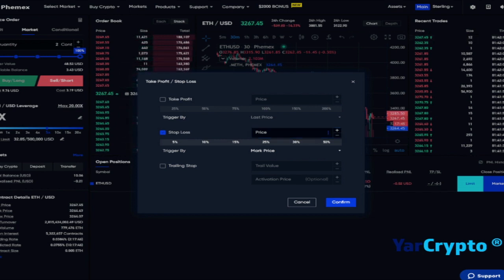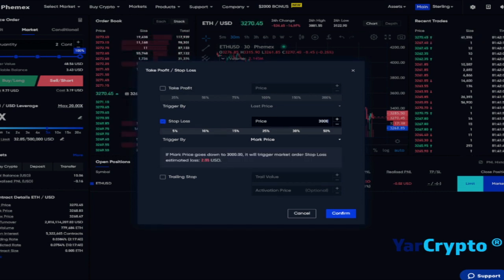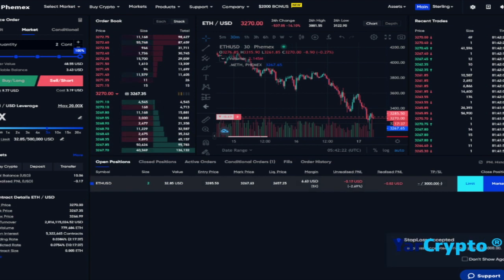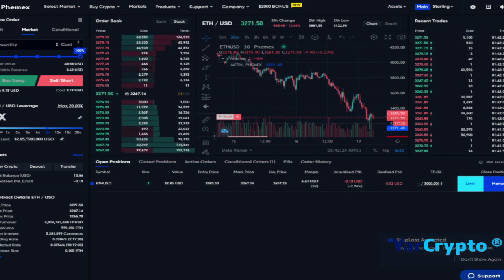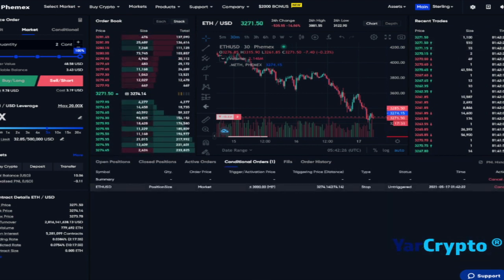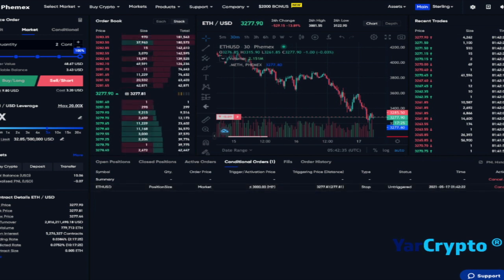So I'm going to go ahead and enter a $3,000 stop loss. Confirm. And now under conditional orders, you will see that this is where my order is for a stop loss. Basically, if the price goes down to that level, it will close my position. And it will actually close it at a loss in this situation.